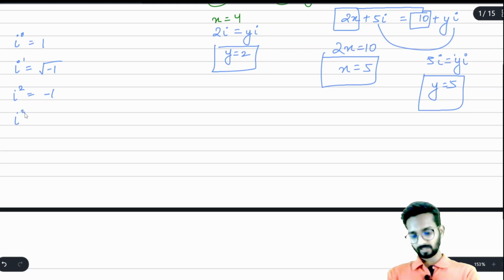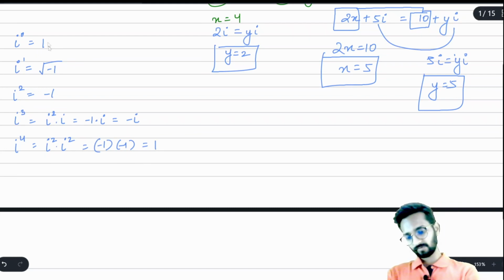I cube can be written as i square into i. We know i square is already -1, multiplied by i, so you can say it is -i. I power 4 can be written as i square into i square, and i square is -1 into -1, which becomes 1.